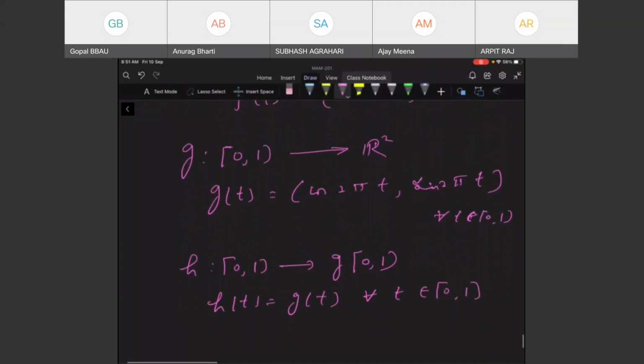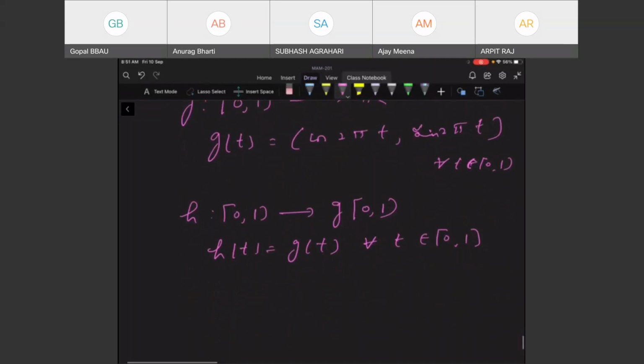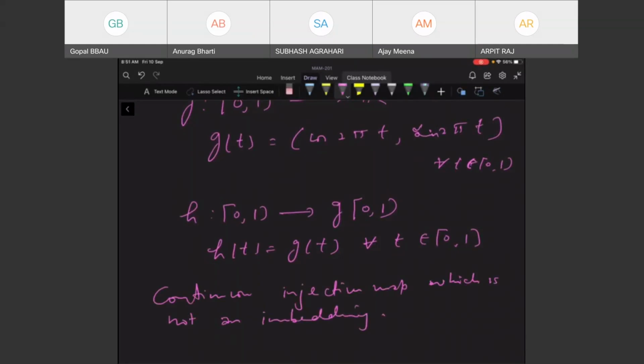But this map is not a homeomorphism. So therefore, this is an example of a continuous injective map which is not an embedding.